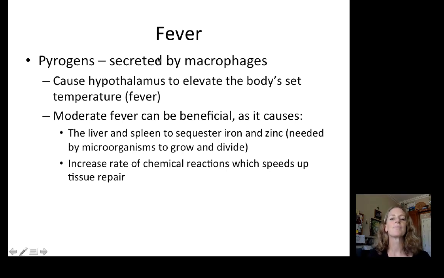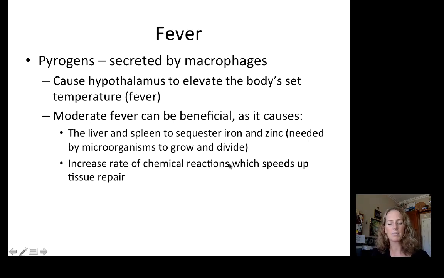Okay, fever. Fever is caused by chemicals secreted by macrophages. When macrophages find pathogens, or they find foreign invaders, they will secrete pyrogens. Pyrogens will be sent to the bloodstream and reach the hypothalamus. When the hypothalamus receives these pyrogens, it will elevate the body's temperature and cause a fever. A moderate fever can actually be beneficial, because a little bit of increase in temperature can increase the rate of chemical reactions.